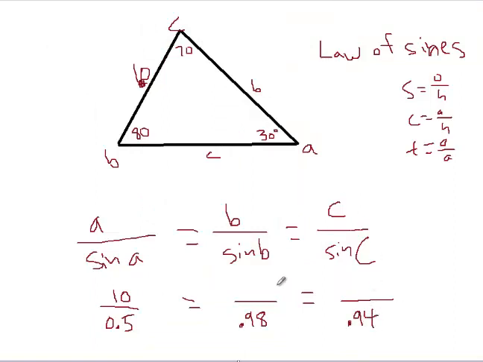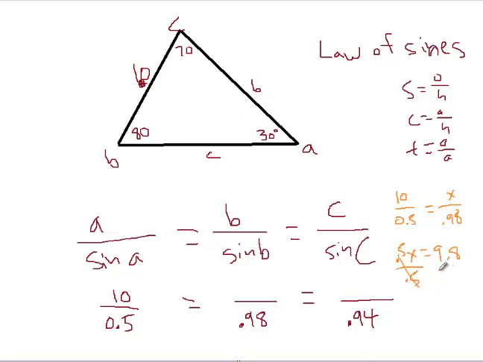Now, in order to figure out what side B is, we would use this proportion. In order to find out what side C is, we'd use that proportion. We could use them both off this one. So let's start with B. 10 over 0.5 equals x over 0.98. Okay, cross multiply. 0.5x equals 10 times 0.98, which is 9.8.